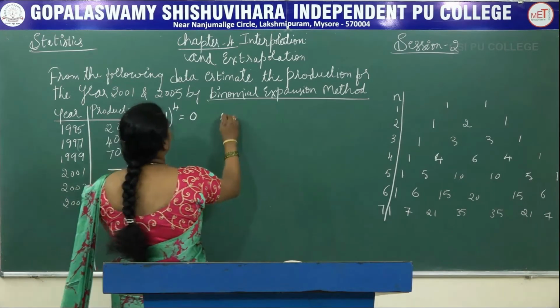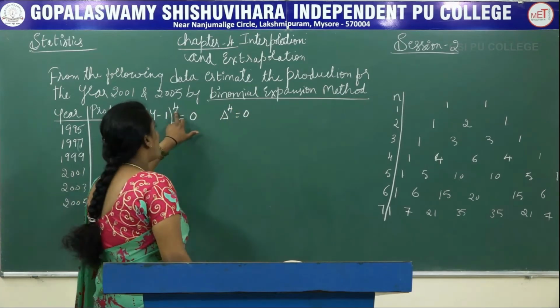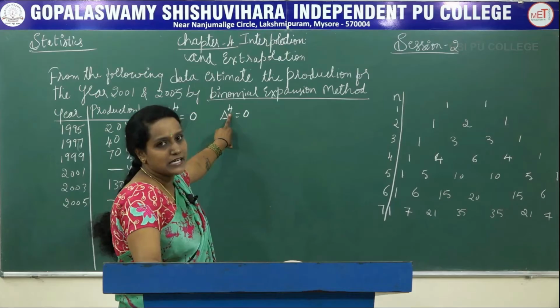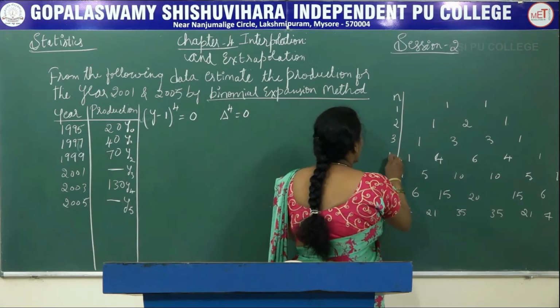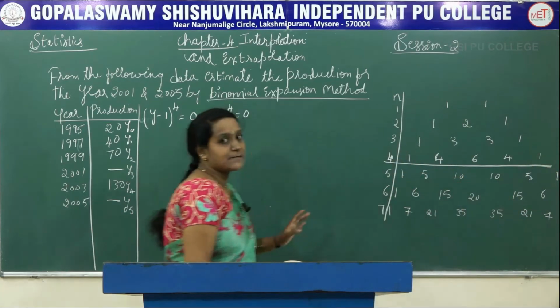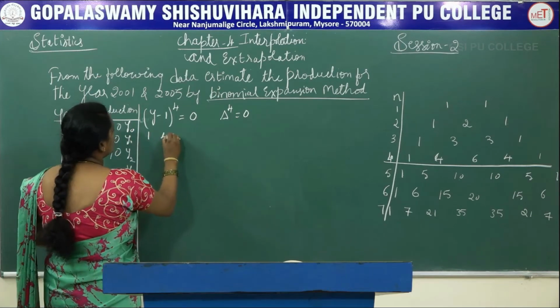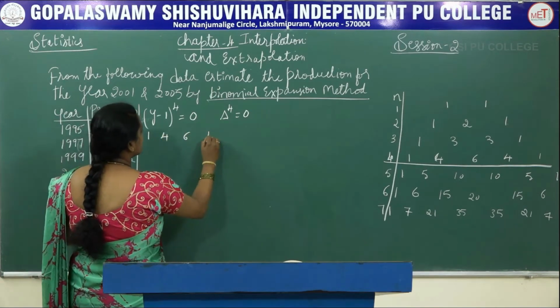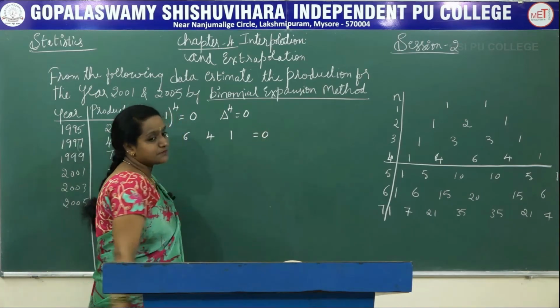That is, our delta 4 equals 0. Delta 4 is 0 means here the n value is 4. Since the n value is 4, we have to take these coefficients. Simply I will write the coefficients first, that is 1, 4, 6, 4, 1 should be equal to 0.